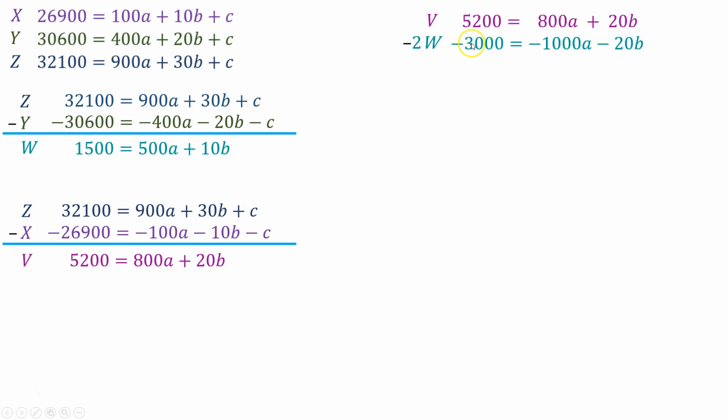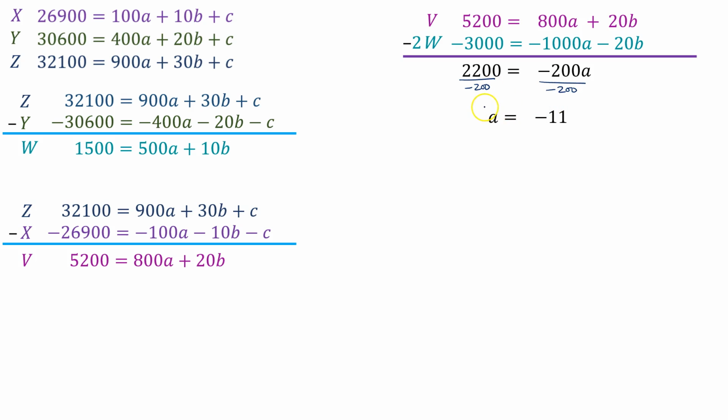So I get -3000 equals -1000a minus 20b. And then, so my b's are going to cancel out, and I'll get -200a and 2200. So now I'll just divide both sides by -200, and I will get a equals -11.